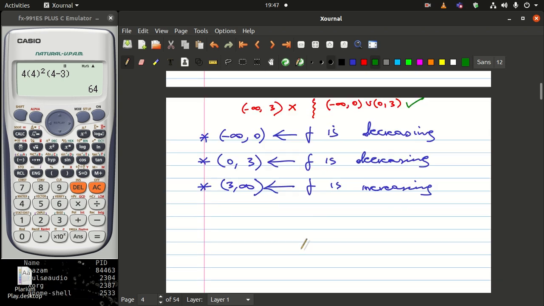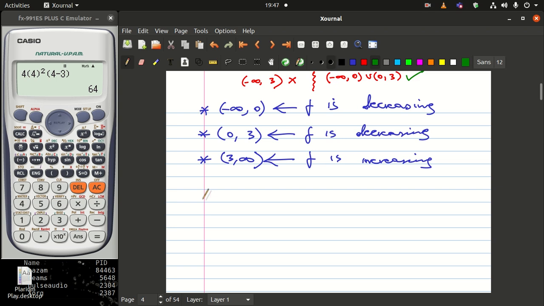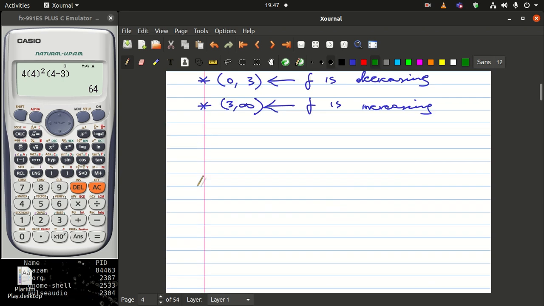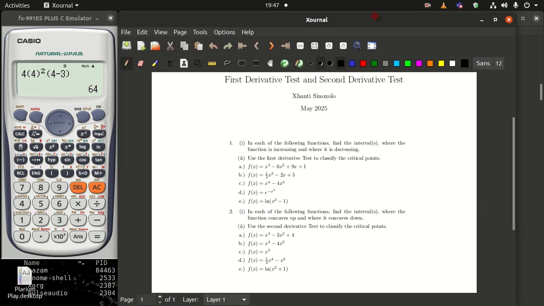And also, now if you look into this here, we're still at number 3. Okay, we're at Roman numeral 2 now. If you look at Roman numeral 2, it is saying to use the first derivative test to classify the critical points.